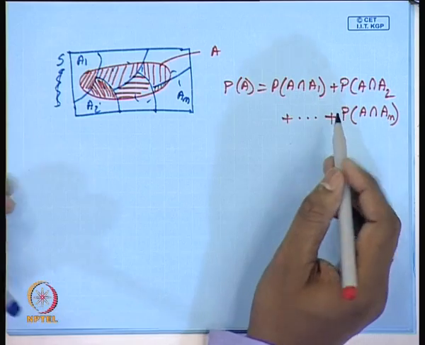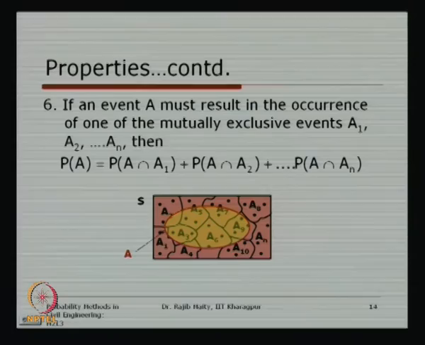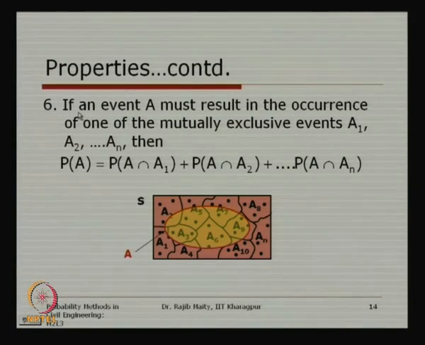This is stated here in this slide: if an event A must result in the occurrence of one of the mutually exclusive events A1, A2 up to AN, then probability of A is the summation of the intersection of that event with the individual events A1 up to AN.